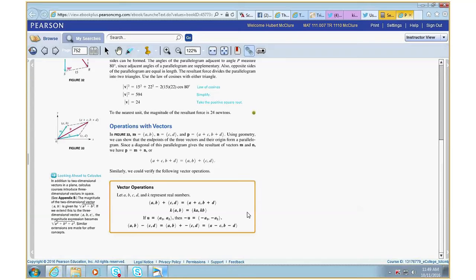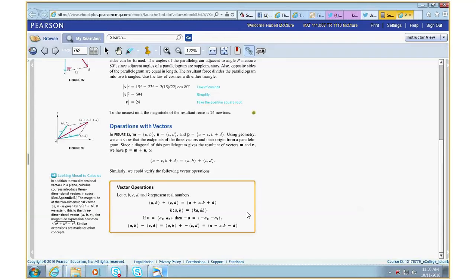If the vector is equal to a sub 1 and a sub 2, which are the coordinates, then the negative vector is going the opposite direction, meaning negative a sub 1 and negative a sub 2. That's self-explanatory. I'm not going to spend a lot of time on that.